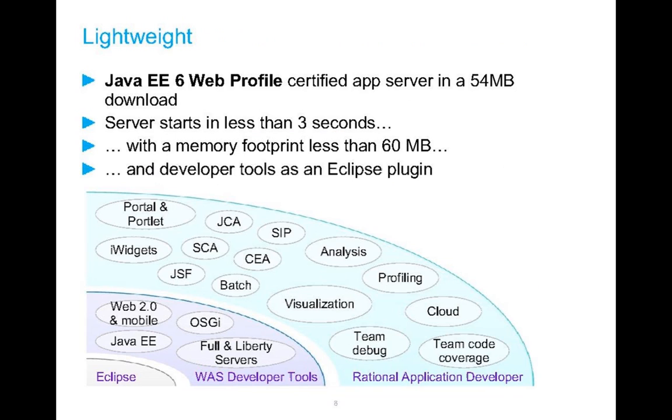You can download it from the Eclipse Marketplace, and it will support Java EE application development completely, and it's free. You have Web 2.0, mobile, OSGi, and support for both traditional WAS and Liberty. You get this functionality for free, and if you want more, you can purchase Rational Application Developer, which has support for developing resource adapters, SCA components, JSF, batch support and many other things.